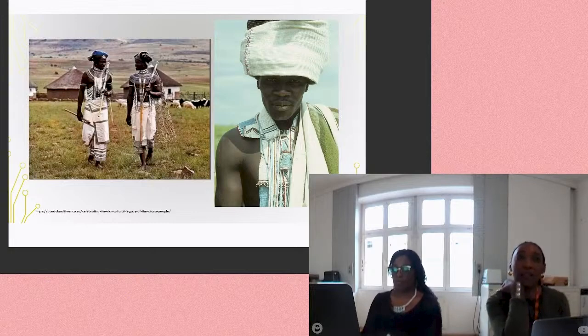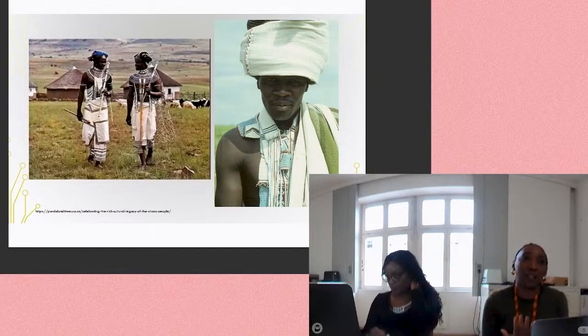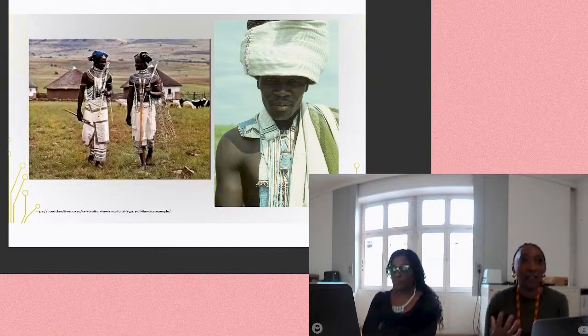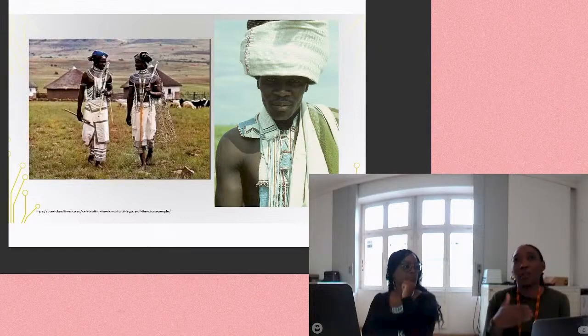For men, for boys and girls in every ethnic group, when they reach a certain stage where they are transitioning into adults, that period is actually marked with a certain ceremony. So for Xhosa men, they would usually go into the mountains to get them circumcised, and that marks actually your timeline that you are crossing over to be a real man.